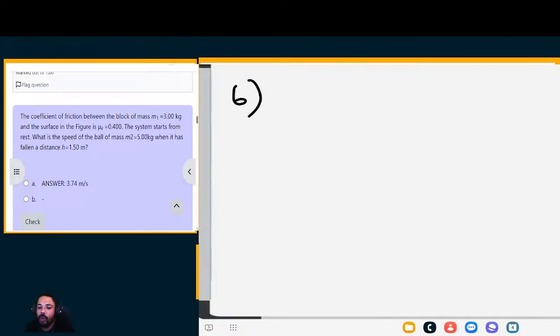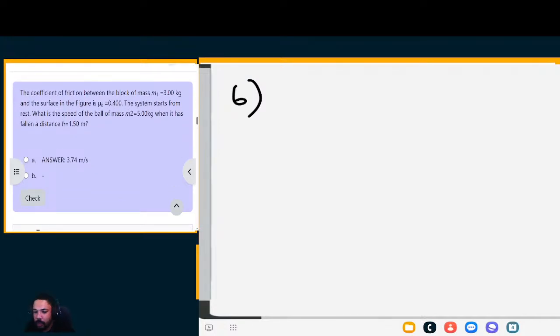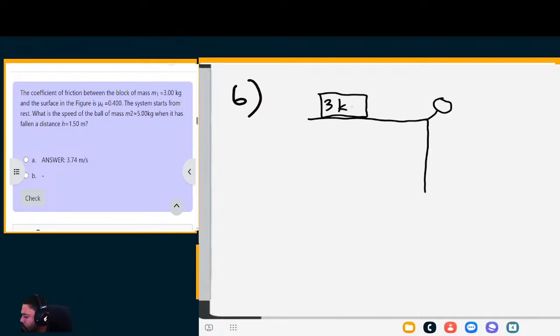I'm going to draw what we have. We have a 3 kilogram block, as they tell us, on a surface, let's just say it's a table. It's a rough surface.